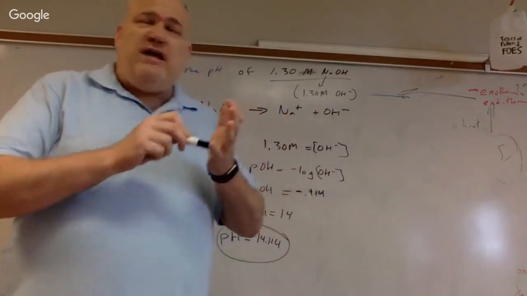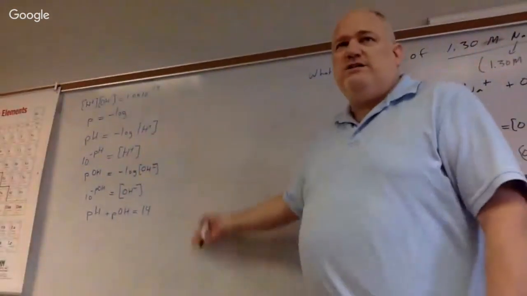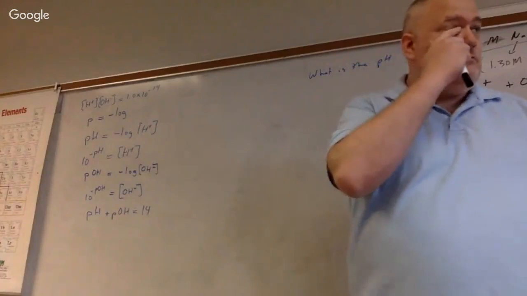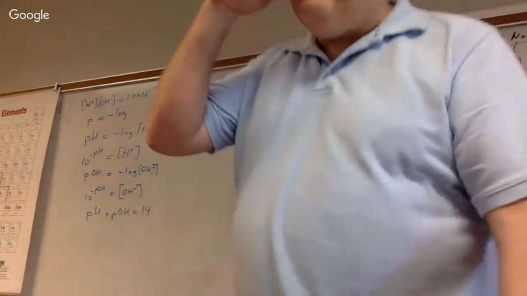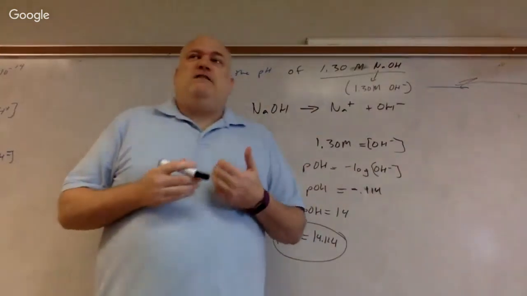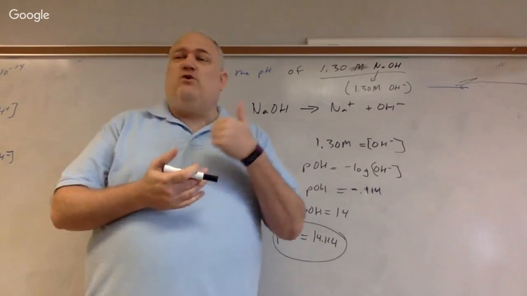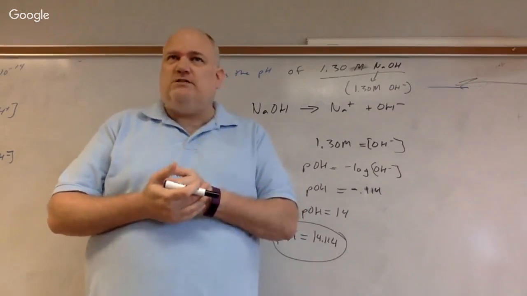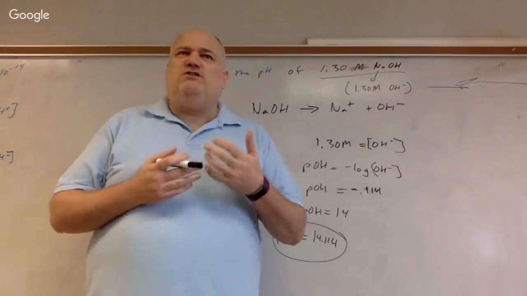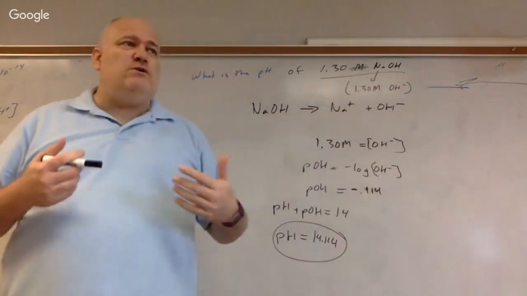And once you know either your H+ or your OH-, aren't you going to go into the playground, which is these equations, to figure out whatever they're asking you to solve for? But that leaves us with the terrible realization that the majority of acids are not strong acids, and the majority of bases are not strong bases. So how do we figure out what the concentration is when not all of it separates out? And that's what we're going to figure out right now.